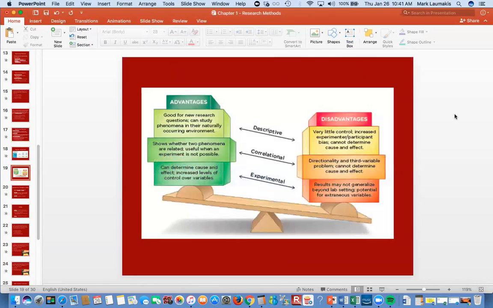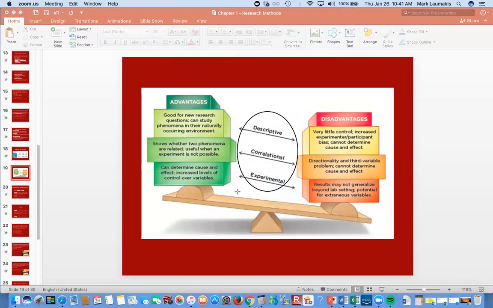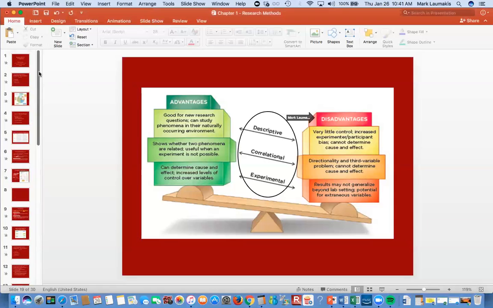I'm going to show you an example of an experiment, and I'm going to give you this nice little summary of the advantages and disadvantages of all three of the research designs that we talked about today. Again, descriptive, correlational, experimental. What are the good things about them over here? What are some of the drawbacks to them over here? Okay, that's where we're going to head when we get together on Tuesday.